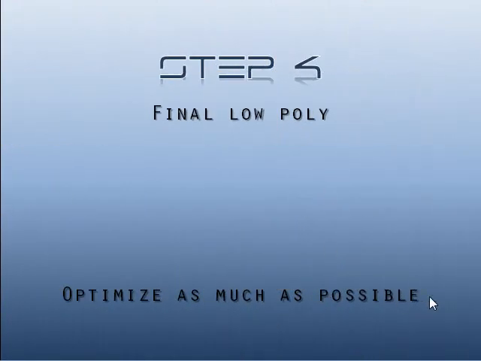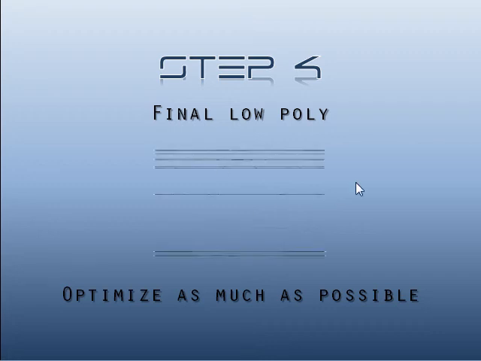So yeah, you can see that I wrote that optimize as much as possible, because the triangle count not just counts in how many triangles you render within your engine, but it counts in how good it will look, and it's a serious thing to keep in mind, that you have to keep the object intact without decreasing its shape.